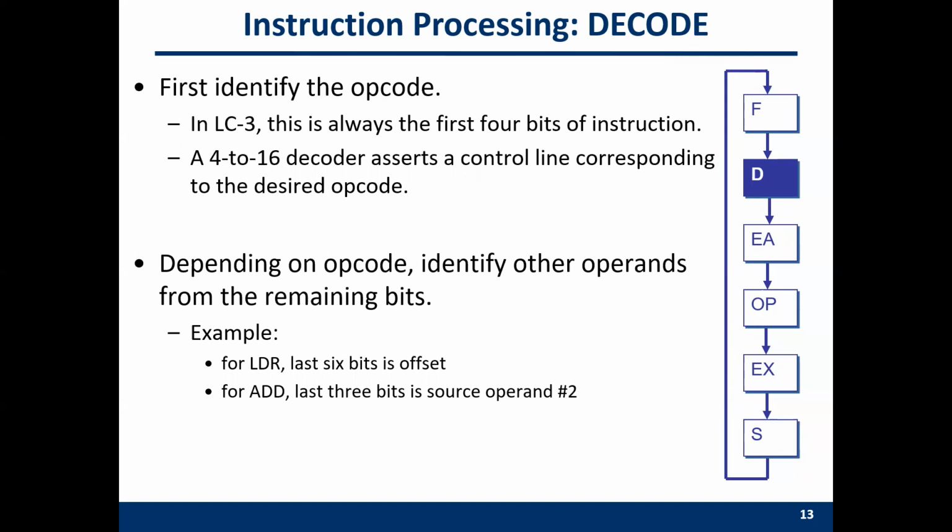So typically they use a decoder to achieve that goal. Depending on the opcode, you can actually identify the operands from the remaining bits, like the 3 registers, source 1, source 2, and destination register.